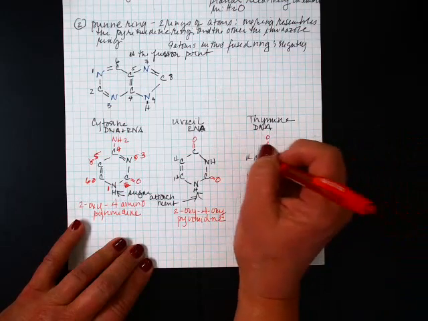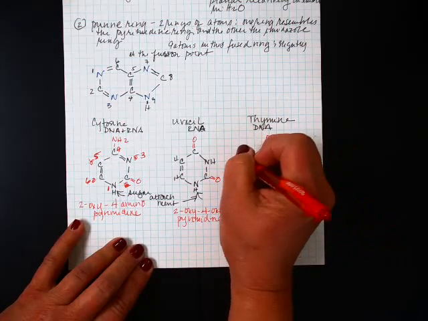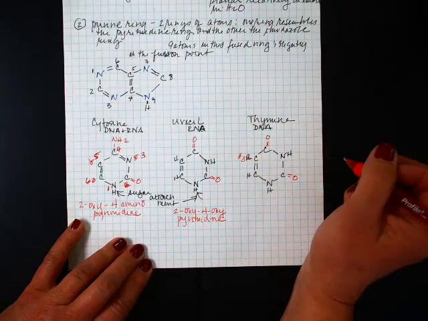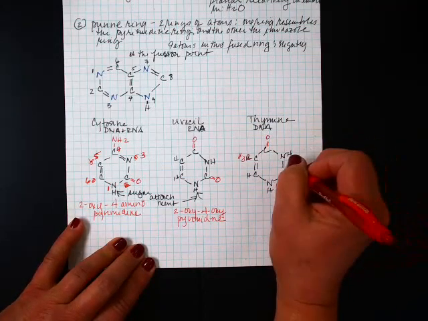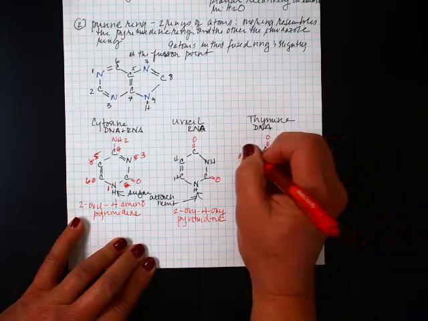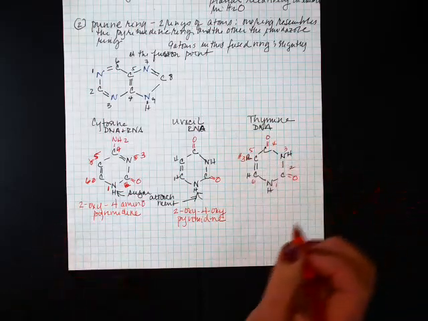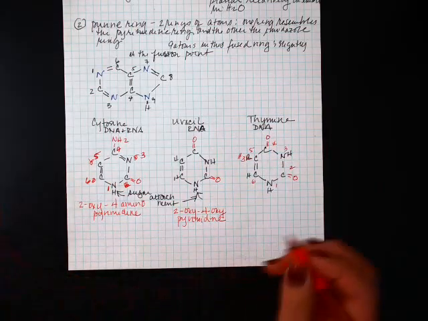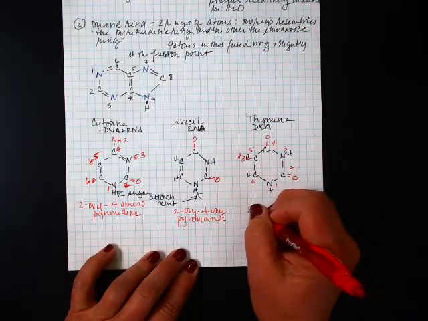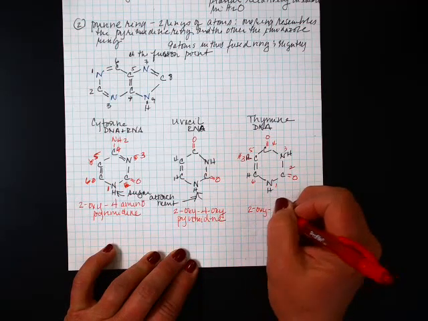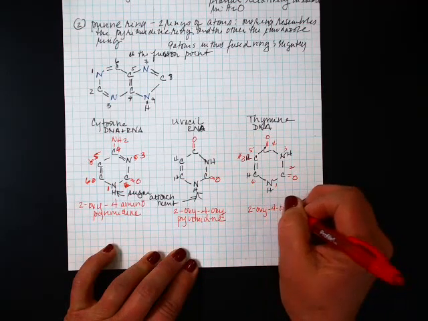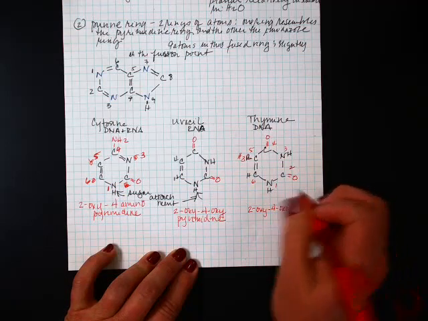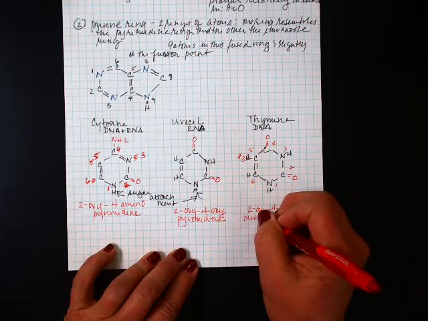We have a methyl group in the 5th position. So 1, 2, 3, 4, 5, 6. So this is 2-oxy, 4-oxy, 5-methyl pyrimidine.